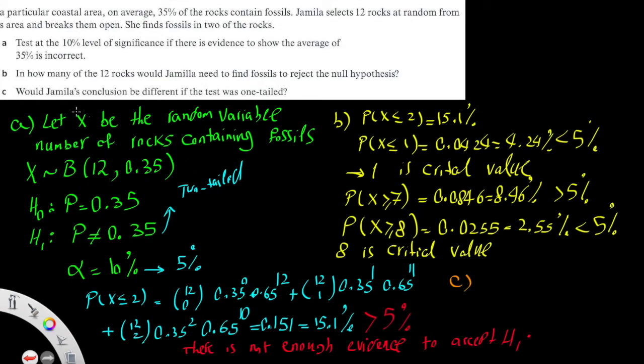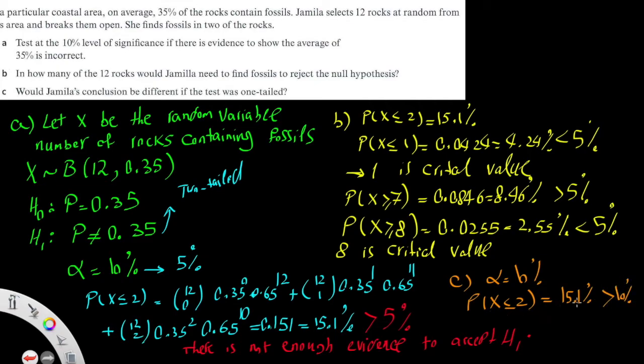Now part C, it says, would Jamila's conclusion be different if the test was one-tailed? So if the test was one-tailed, your significance level won't change. It will remain 10%. Now she finds two rocks containing fossils. So we calculate the probability of X less than or equal to 2, which was calculated and became 15.1%, and it is still more than 10%.